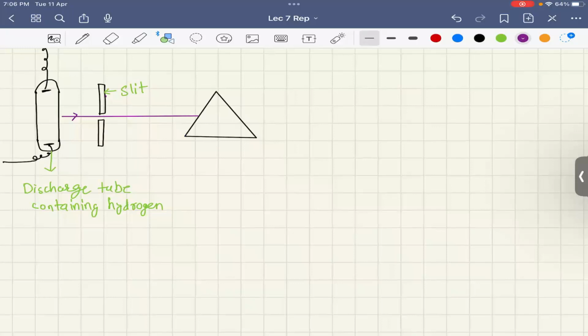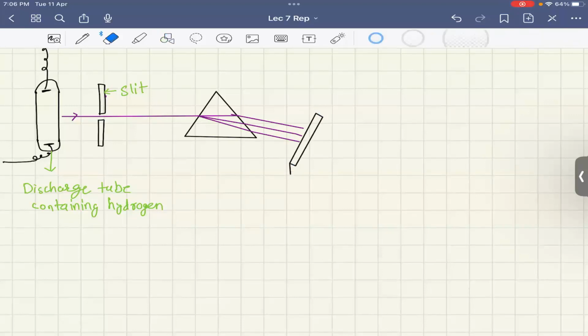it splits into various components. This goes to a screen. So this is the screen and this is the prism.